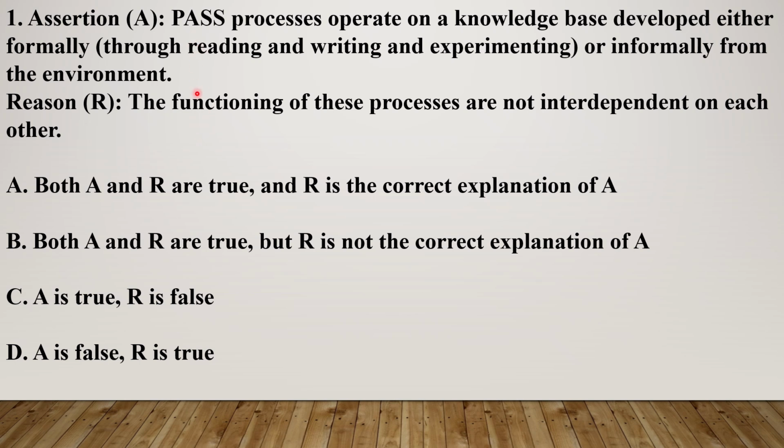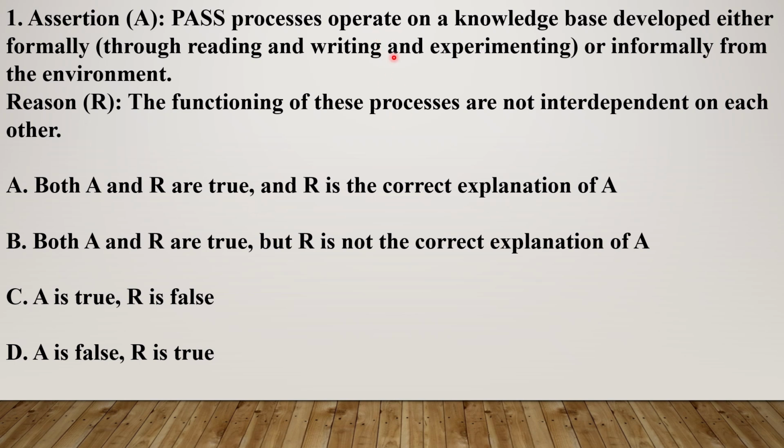If both the statements are true, then we are going to read the assertion, put a 'because', and then read the reason statement. If it makes sense, then we say that both A and R are true and it is the correct explanation.